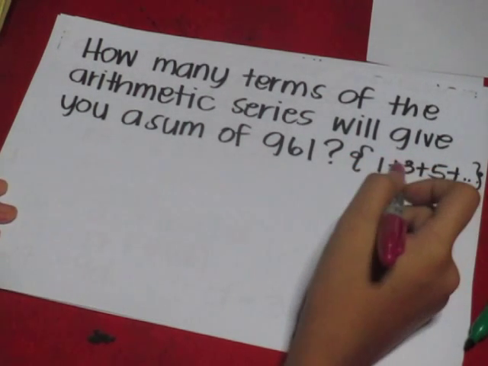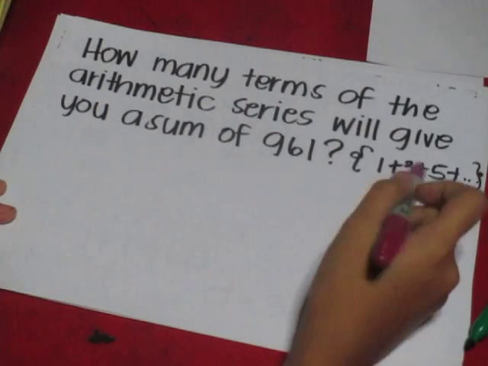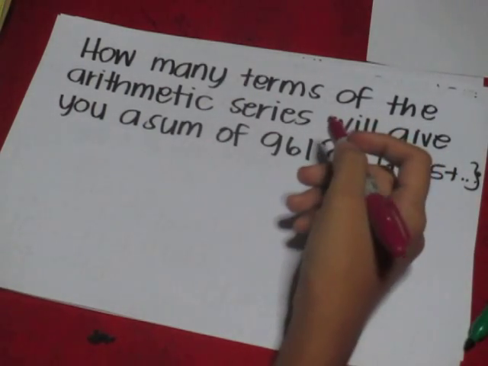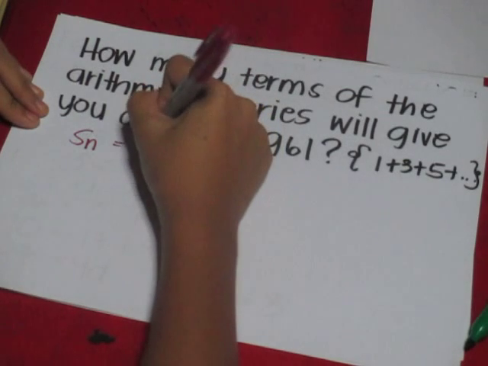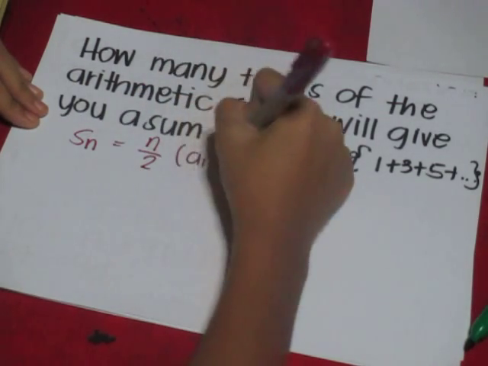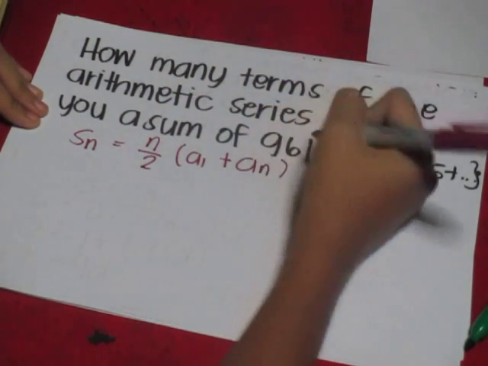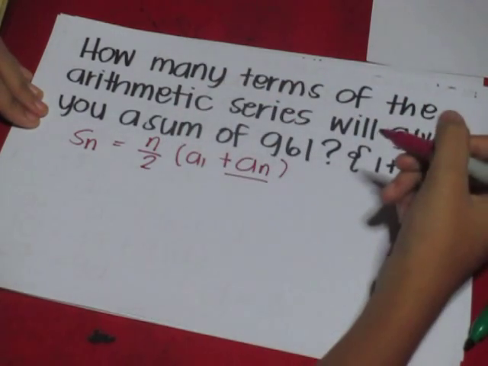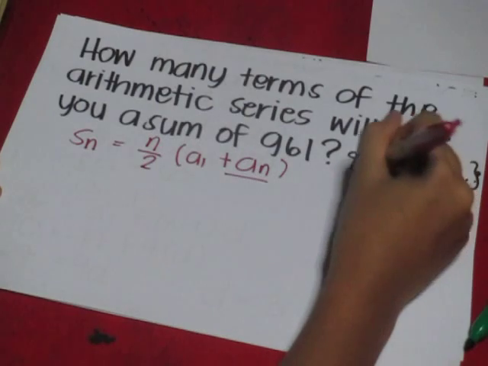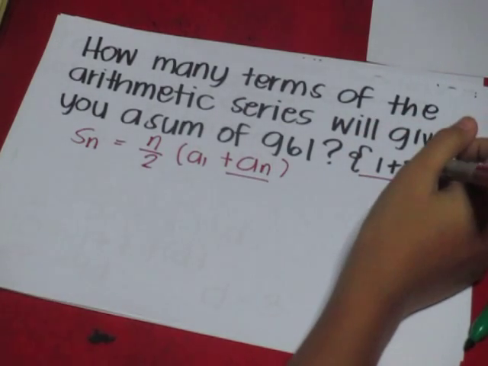Next, how many terms of the arithmetic series will give you a sum of 961, when the given is 1 plus 3 plus 5 plus etc. So that's s sub n is equal to n over 2 times a sub 1 plus a sub n. So let a sub n be the explicit formula of this certain series.